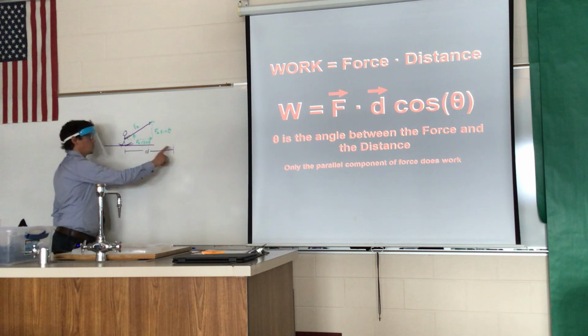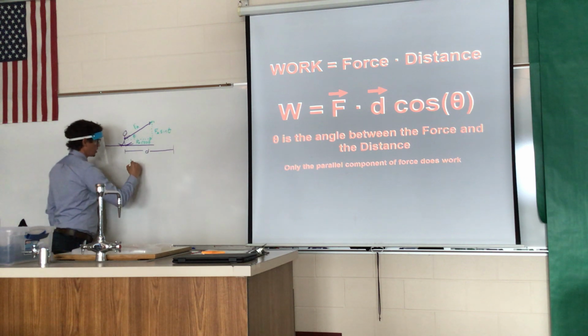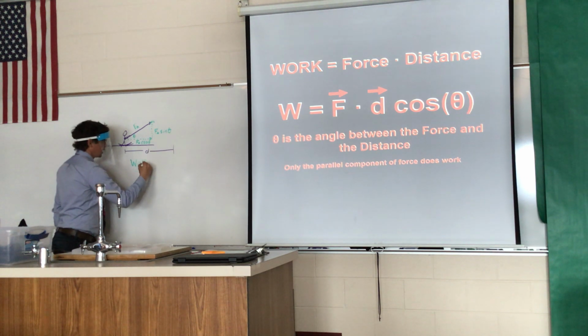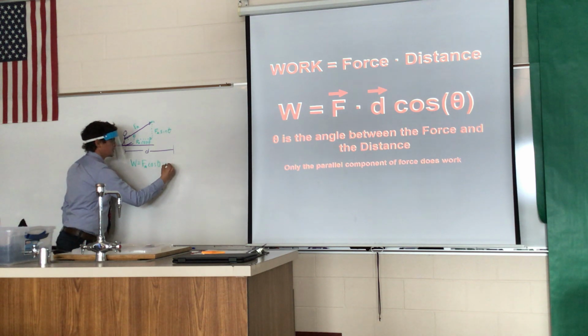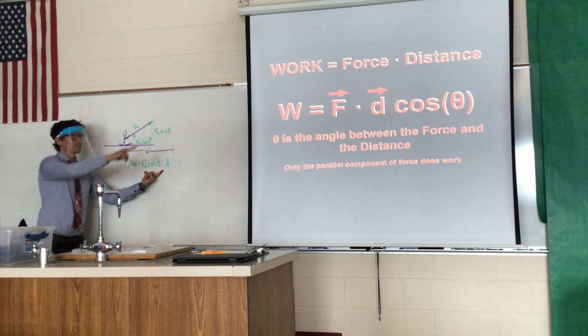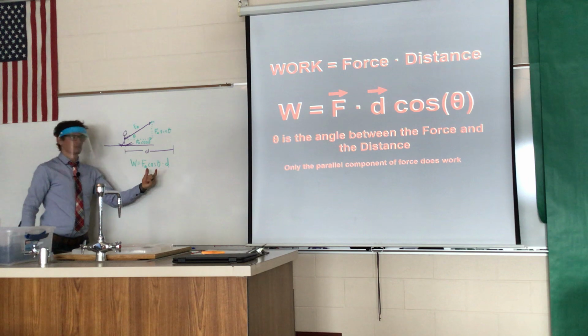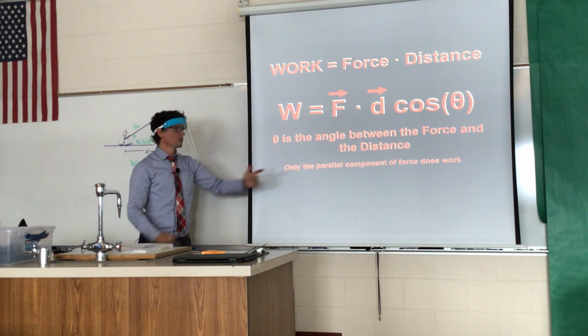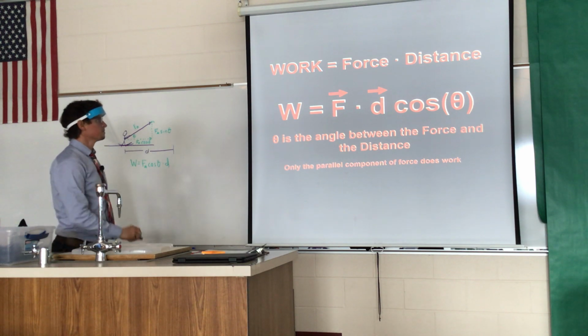It's only horizontal. So if I want to find the work in this situation, work is equal to FA cos theta times the distance traveled. Can we see that this is the same as that, just rearranged? Okay, parallel component. We'll talk more about that in the other YouTube video right below there.